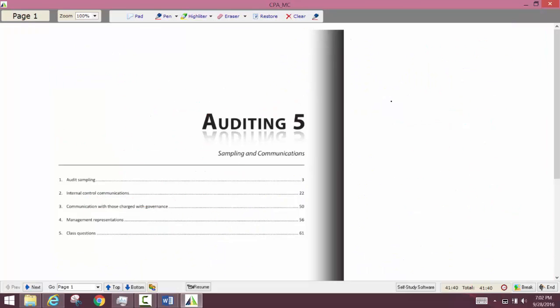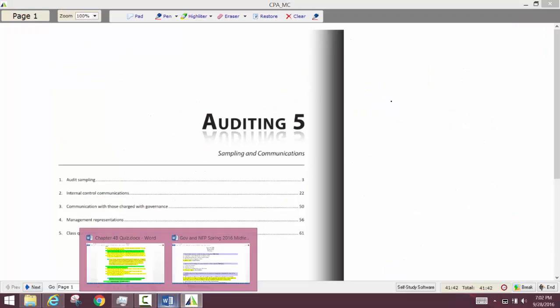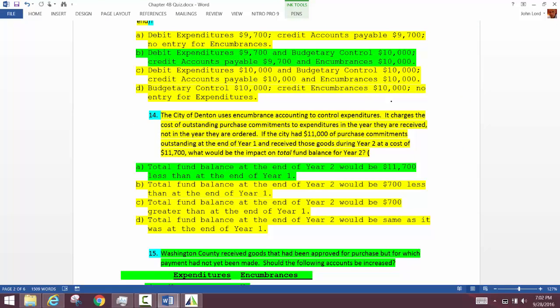Okay. So let's look back at that problem. Meanwhile, back at the problem. 14, the city of Denton using encumbrance accounting, it charges the cost of outstanding purchase commitments to expenditure in the year they are received. They better, not in the year they ordered.